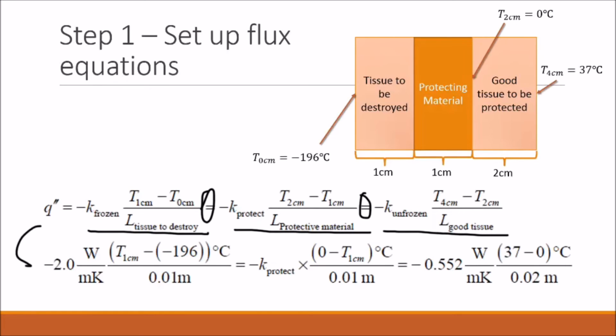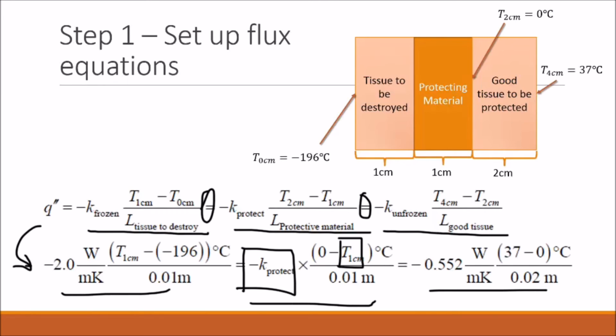So once we plug in our known values, we can see that we have two unknowns, this K protect and this temperature at 1 centimeter. And we also notice that if we set this equation equal to this equation, and say this equation equal to this equation, we have two different equations and two different unknowns, so we can solve for our unknowns.